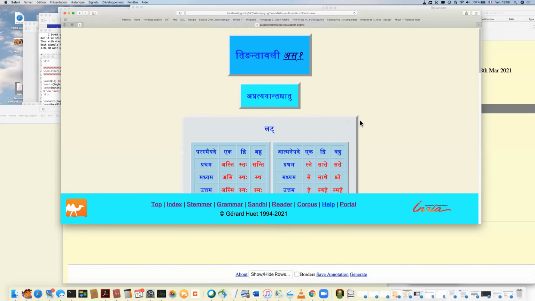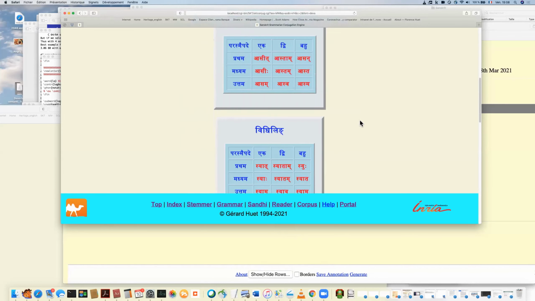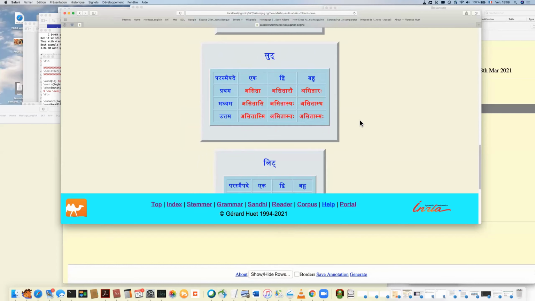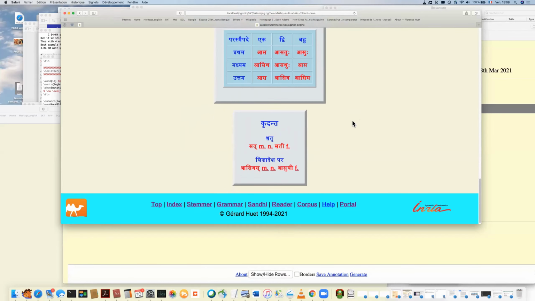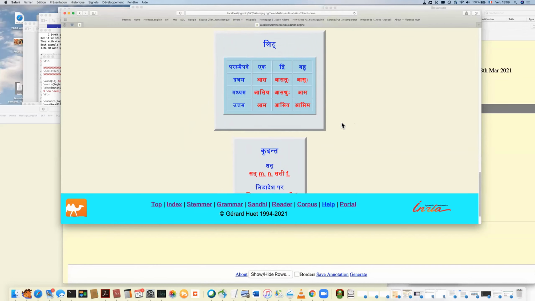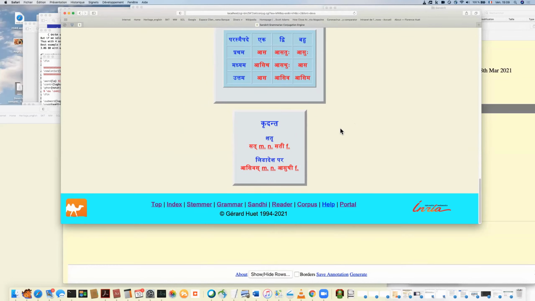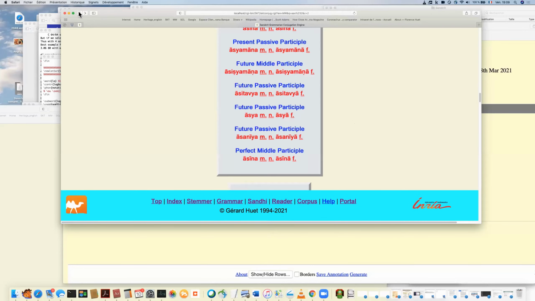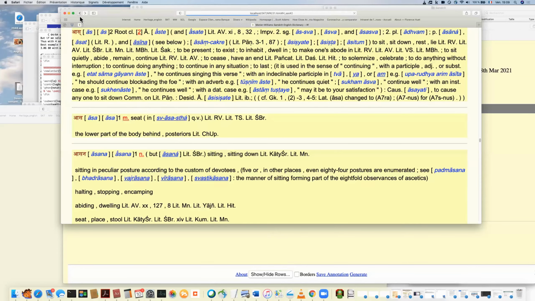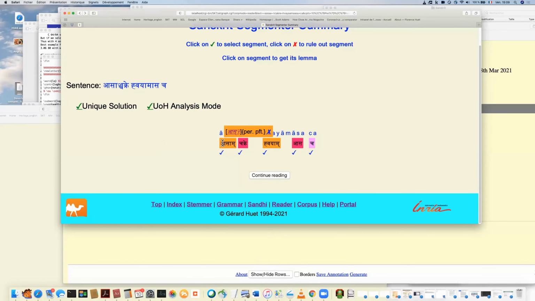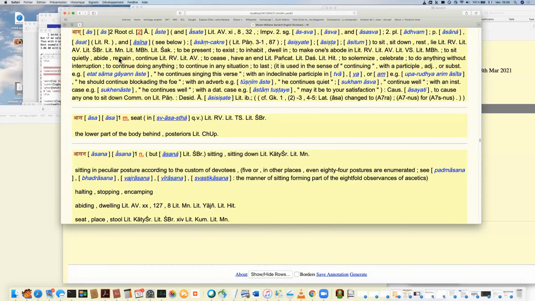Okay, so this is root as, and you have all the vibhakti, the tenantas. What root is that? Oh, it's as, it's to sit.